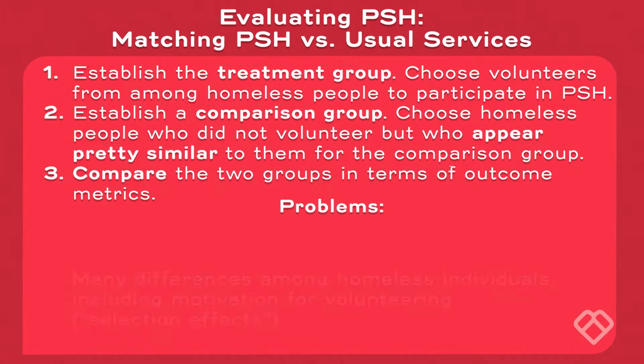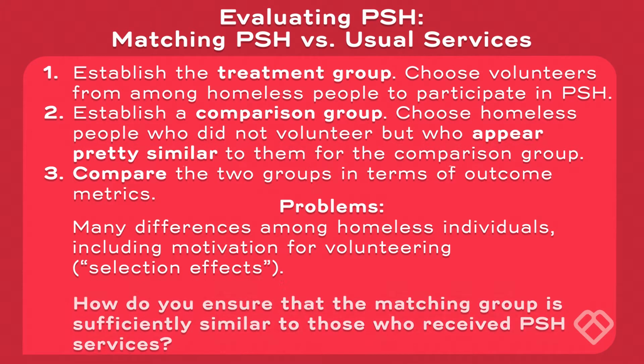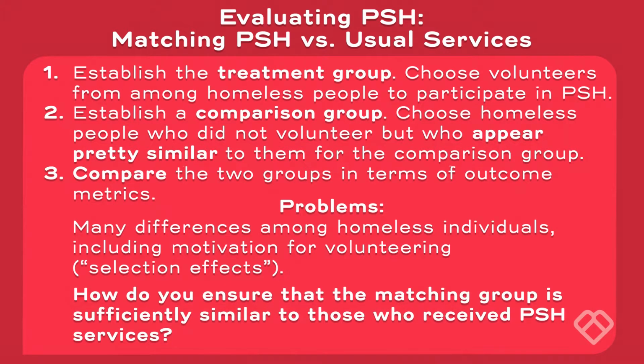The problem here is that there may be many differences among homeless individuals, including their motivation for volunteering. Those who volunteer may have more motivation to stay out of homelessness than those who didn't. So the question is, how do you ensure that the matching group is sufficiently similar to those who received permanent supportive housing?